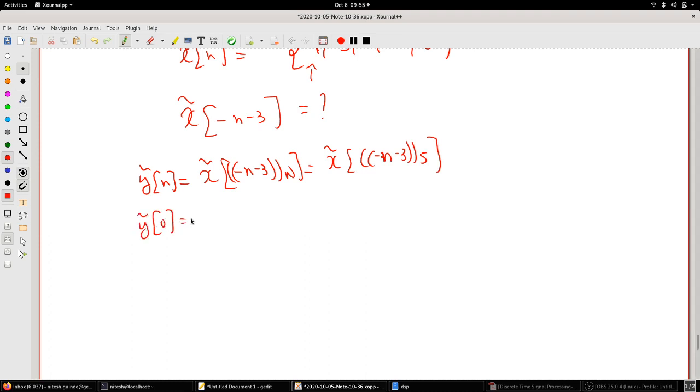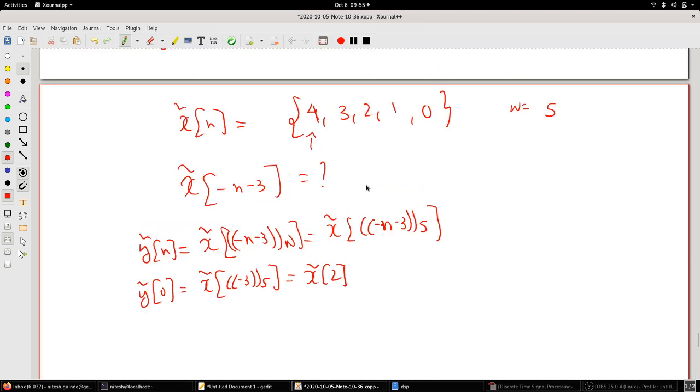So y tilde of 0 will be x tilde of minus 0 minus 3, which is minus 3 mod 5, which is x tilde of 2. What is x tilde of 2? X tilde of 2 is this guy here, so this will be equal to 2.